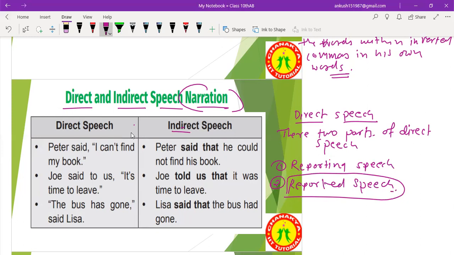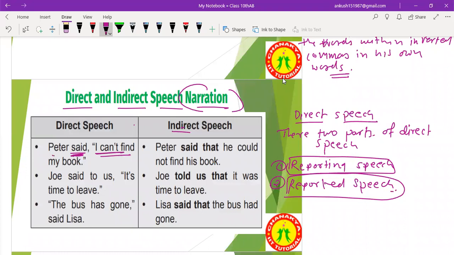Are you getting the point? Reported is where it is written within the inverted commas, and reporting speech is also given there. Two parts are given. For example, Peter said, "I can't find my book." Peter said is the reporting and I can't find my book is the reported.